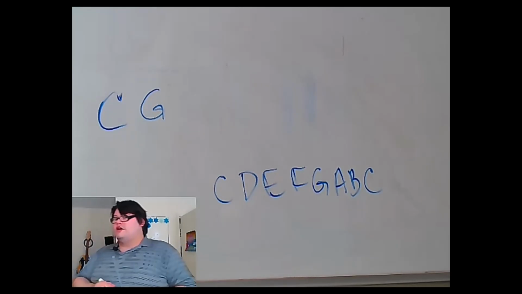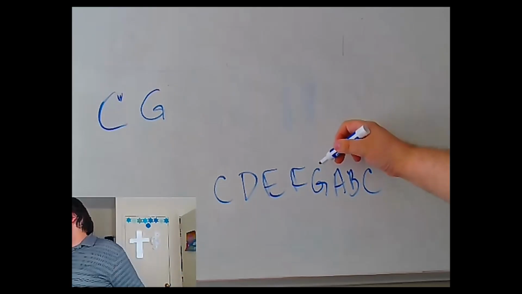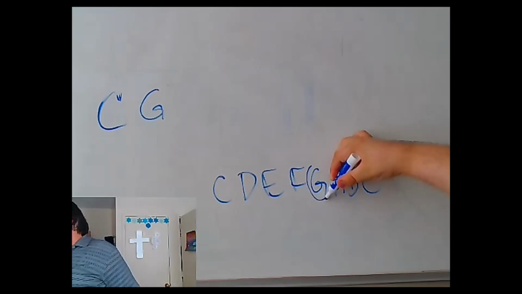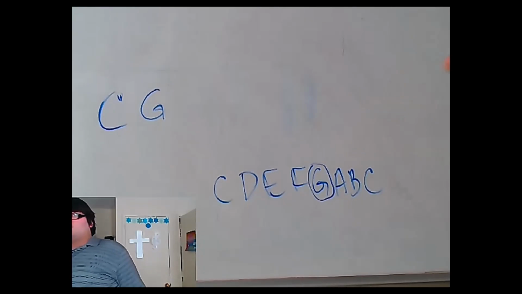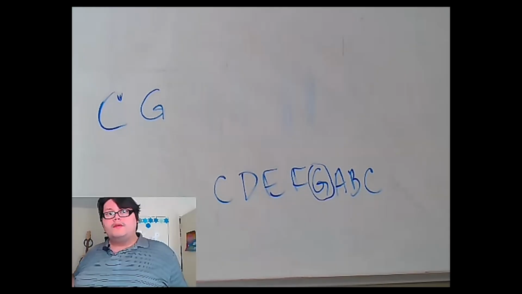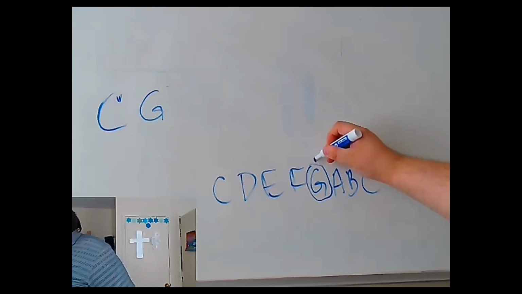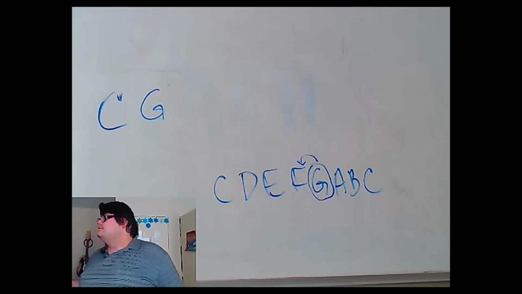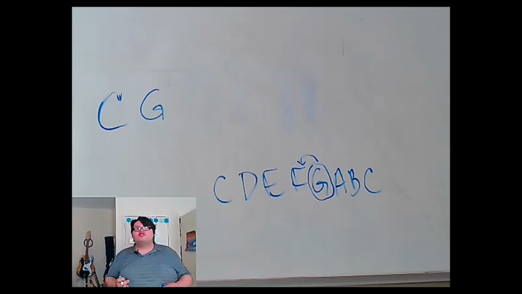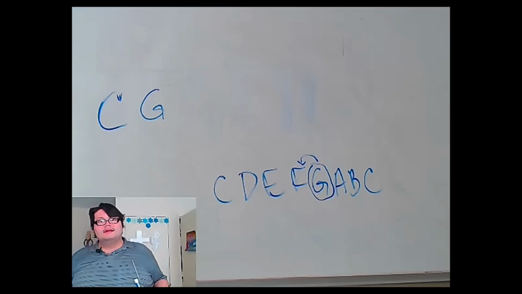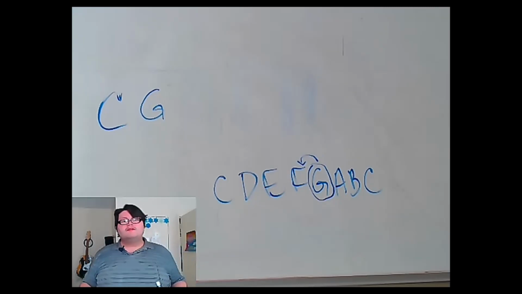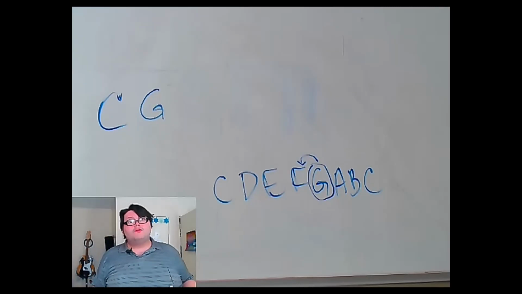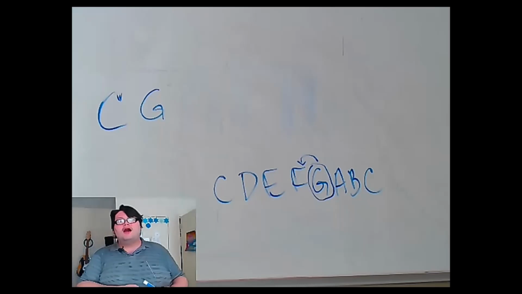So let me draw that. In this case, if this is the one we selected, to find out what note gets sharp, we go backwards a whole step from the G, which in this case is the F. Now, the second way, which is the preferred way, is a little bit harder, but it comes up with the same result: you count up to 4.